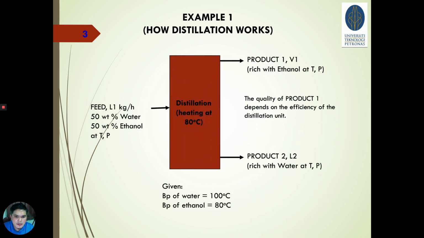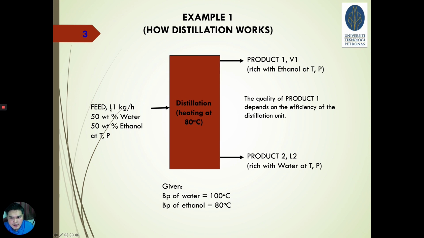Okay, so we have a distillation tower, usually at, for example, 30 meters, 50 meters high. We want to separate water and ethanol. So we have 50% weight water, 50% weight ethanol at a specific temperature and pressure, and we label this as feed.